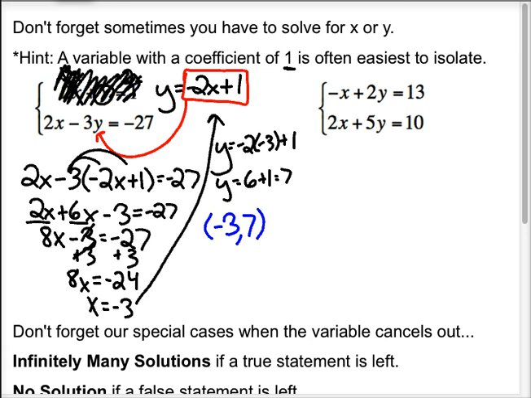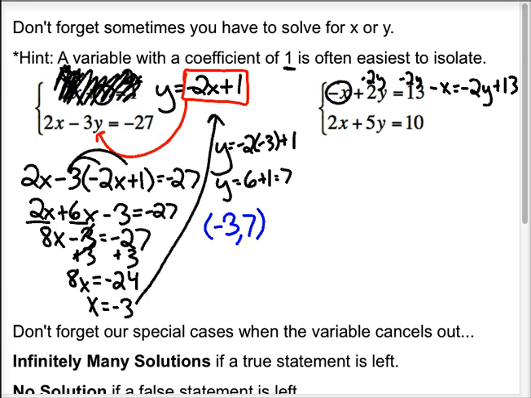All right, next one. So for this one, notice the x is almost by itself. If I subtract the 2y over, I'll have negative x equals negative 2y plus 13. So again, this time noticing that my x is the one without a number coefficient with it.